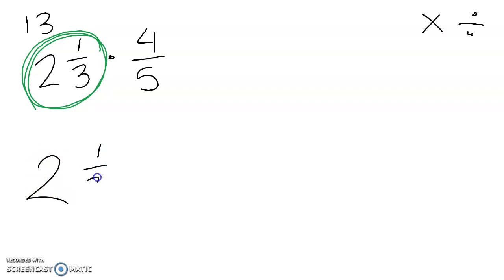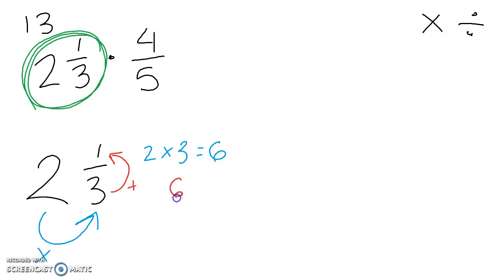To change this to an improper fraction, I first have to multiply the large whole number by the denominator, which gives me 6. And then you have to add it to the top. So you have 6 plus 1, which would be 7. You then rewrite with the original denominator. So my improper fraction is going to be 7/3.